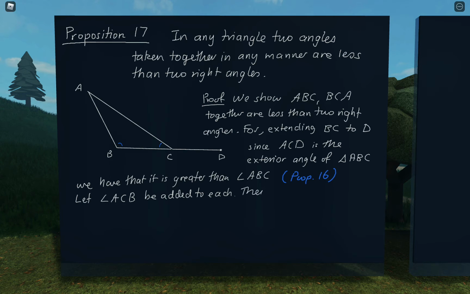Then this shows that ACD together with ACB is greater than ABC with BCA. That's by one of the common notions, I forget which.